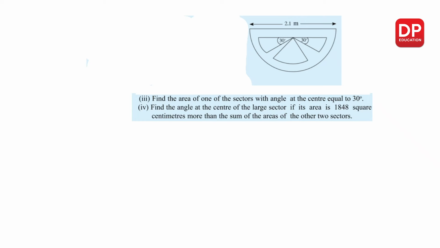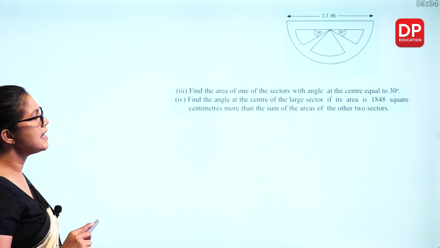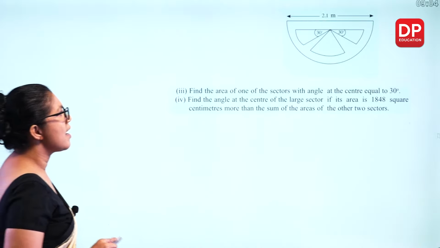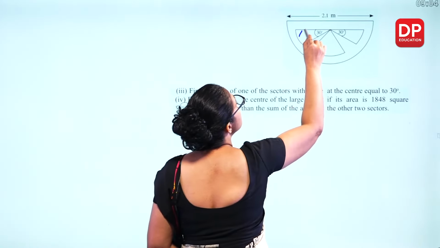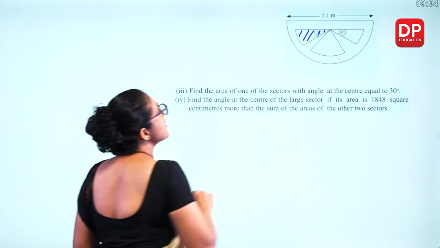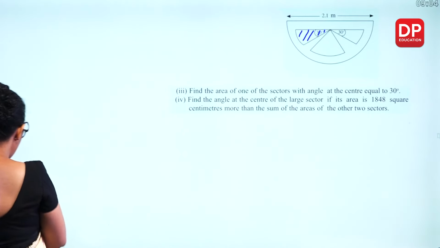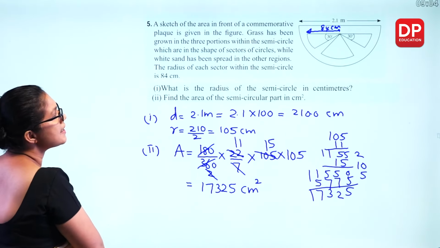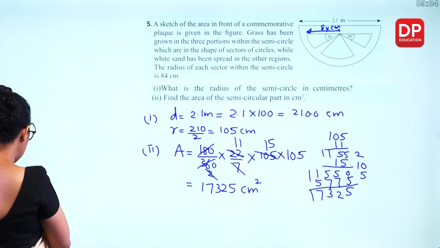Now we'll look at the third part of that. In the third part it says find the area of one of the sectors with angle at the center equals to 30. So they are asked to find out this part. We know that from the first part it says 84 is the radius.